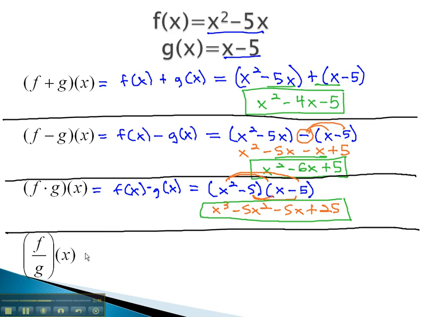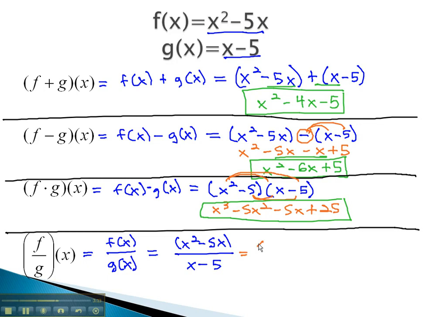Division is the other operation to consider, where we take f(x) and divide by the g(x) function. By using parentheses, f(x) is equal to x squared minus 5x over g(x), which is x minus 5. As you recall, we cannot simplify a fraction unless we factor first.